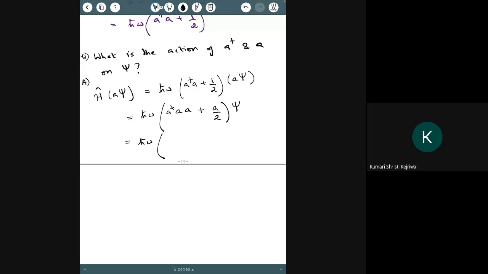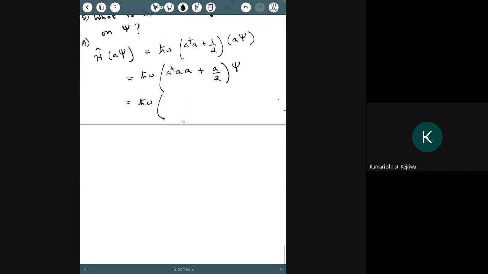So now I am going to write a dagger a in terms of a dagger. Now we know, from the commutator, remember, a a dagger commutator is equal to 1.